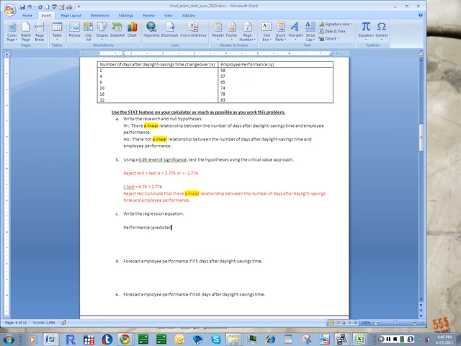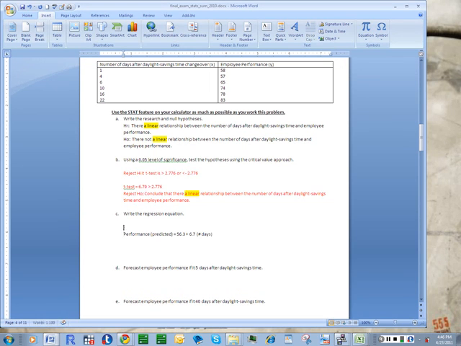Normally I would just put a hat over the performance to indicate that this is a predicted performance is equal to A, which is 56.3, plus B, which is 6.7, times, I'm just going to put number of days.